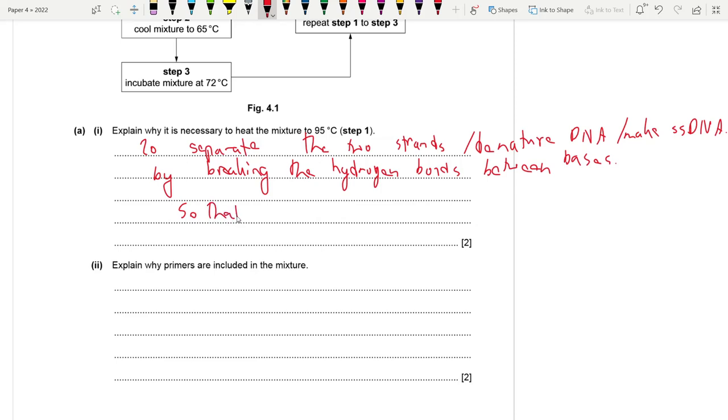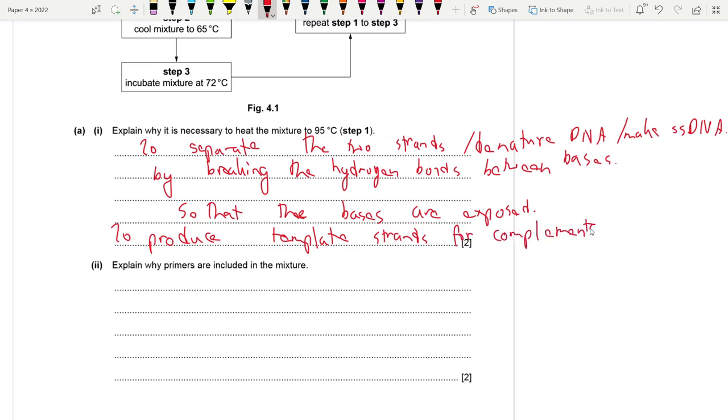So that the bases are exposed to produce template strands for complementary copying. So I've written 4 points here, any two would work. So mainly the goal is to make double-stranded DNA single-stranded DNA, so that the bases are exposed and now we can copy the DNA. It can act as a template strand.